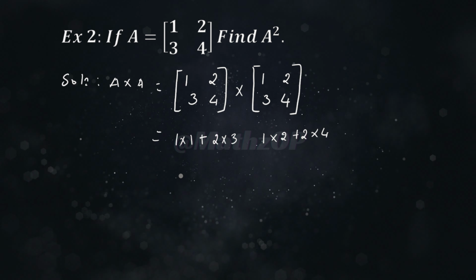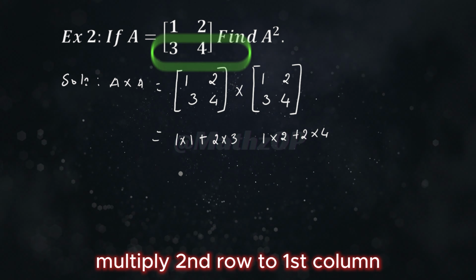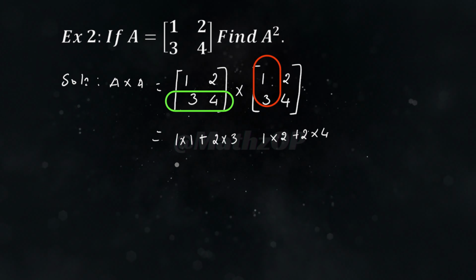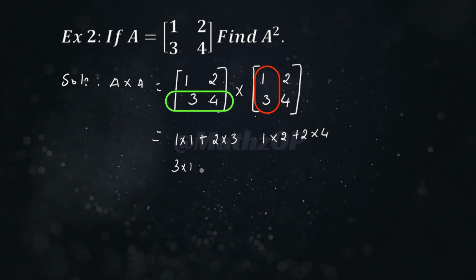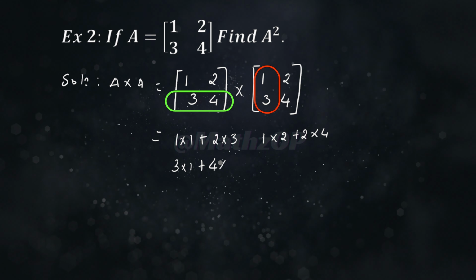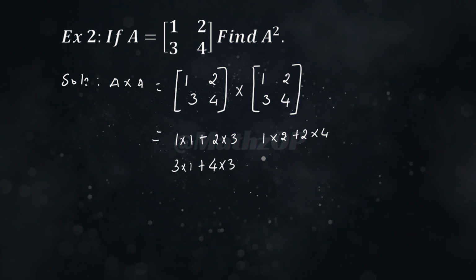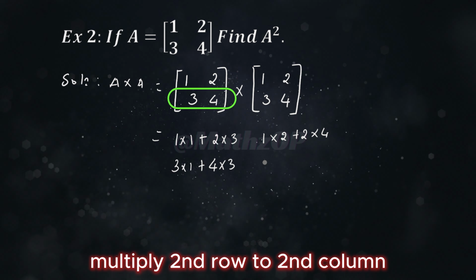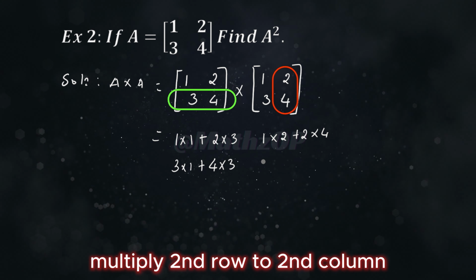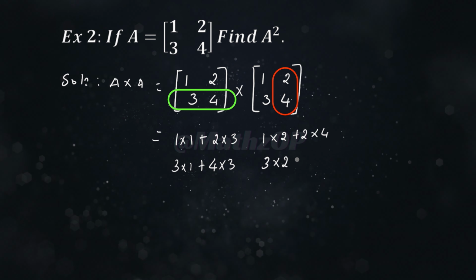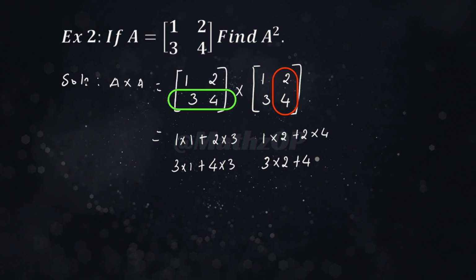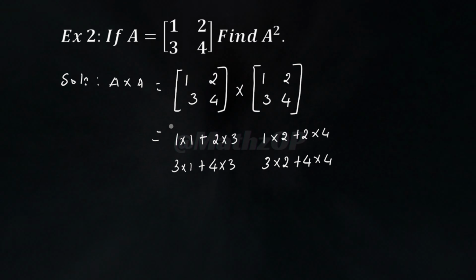In the third step, I'll multiply second row to first column, 3 into 1 plus 4 into 3. In the fourth step, I'll multiply second row to second column, 3 into 2 plus 4 into 4.